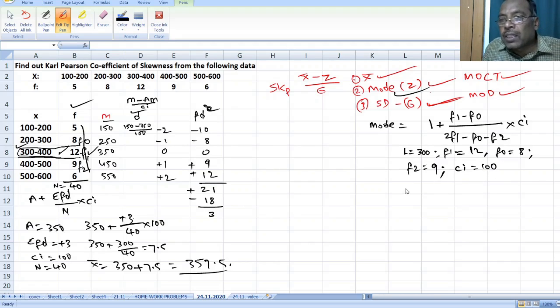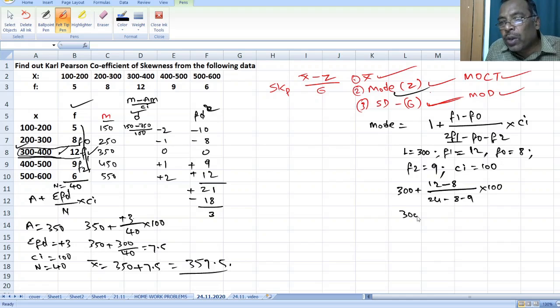Now let us apply the formula with these values. So 300 plus F1, which is 12, minus F0, which is 8, divided by 2 into F1, that is 2 times 12, which is 24, minus 8 minus 9, into 100.